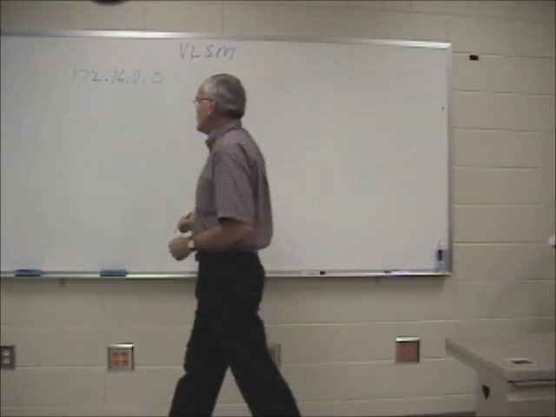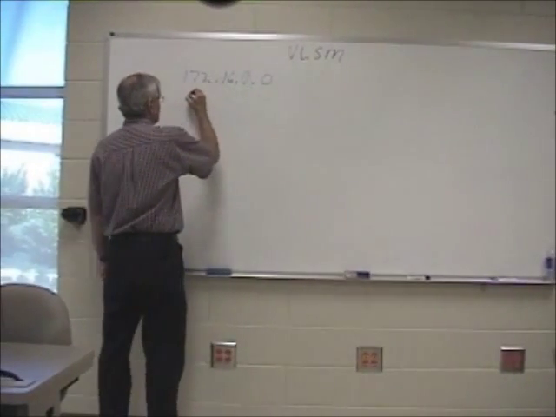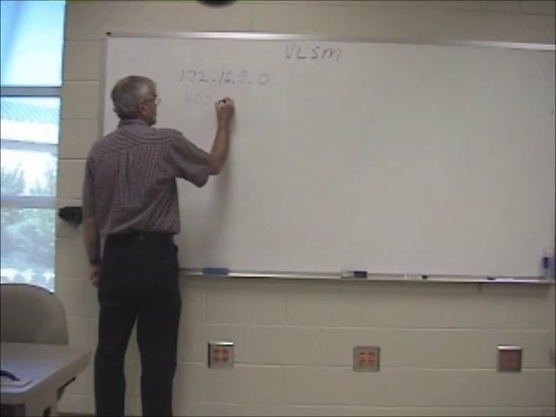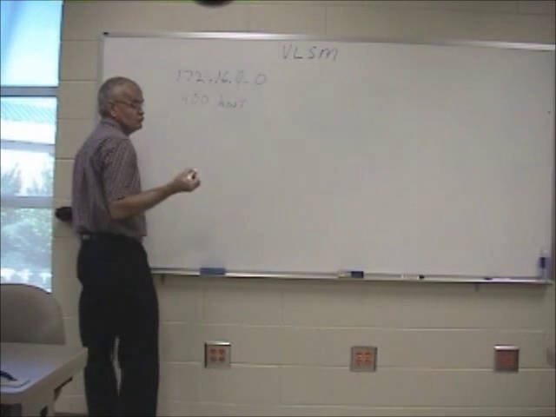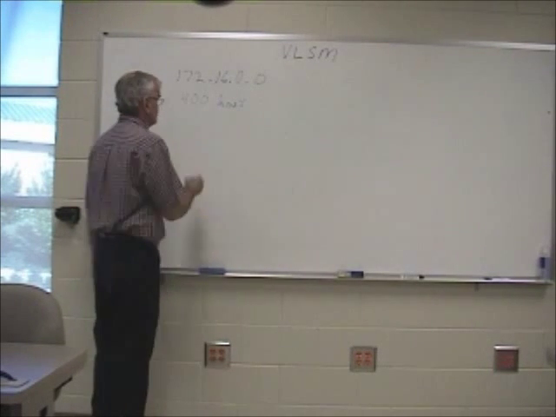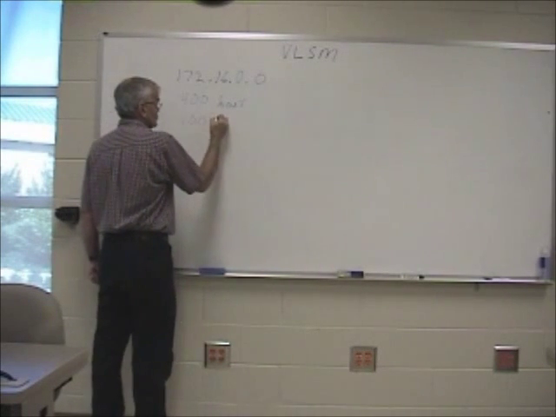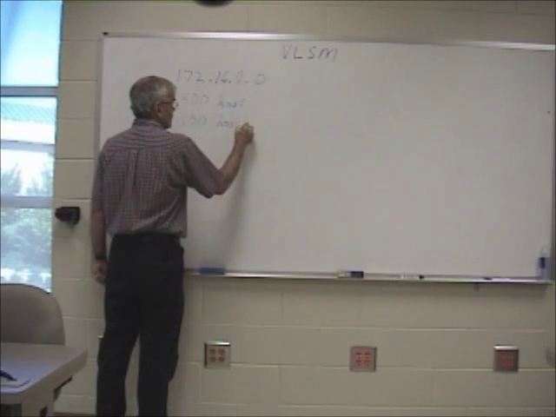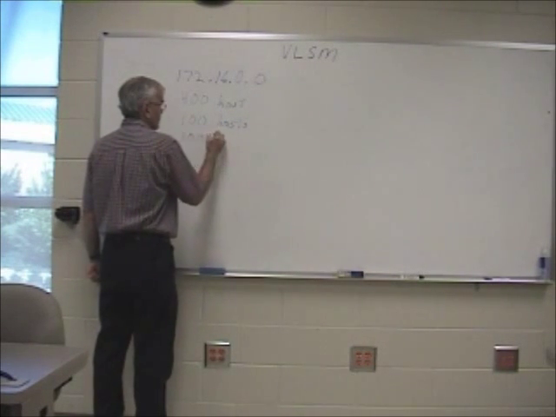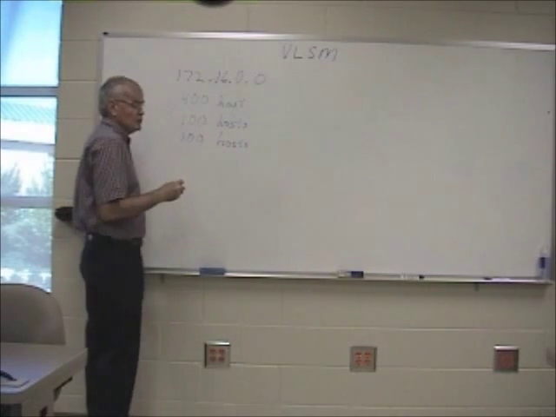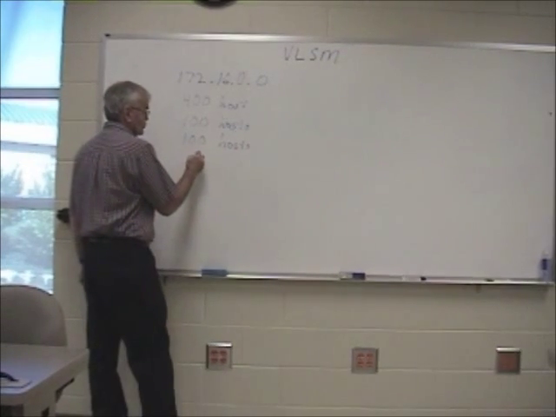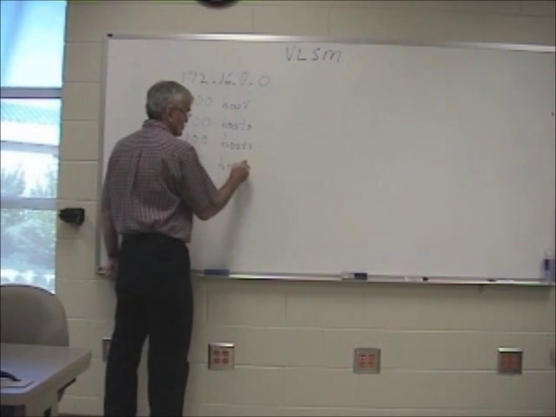But let's assume that our first subnet, we want 400 hosts on. And then we want 2 subnets with 100 hosts. And then we want 3 subnets with 2 hosts each.